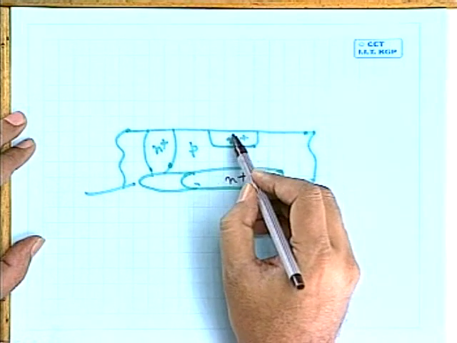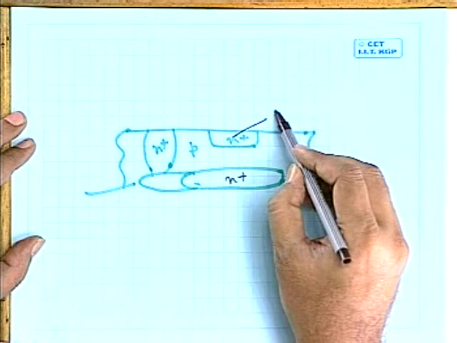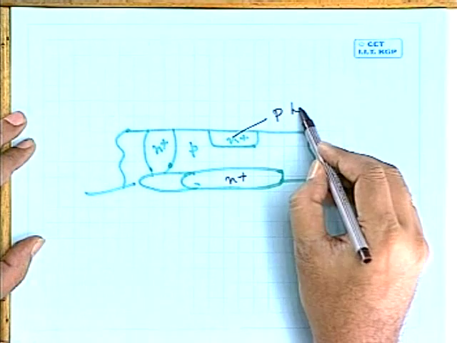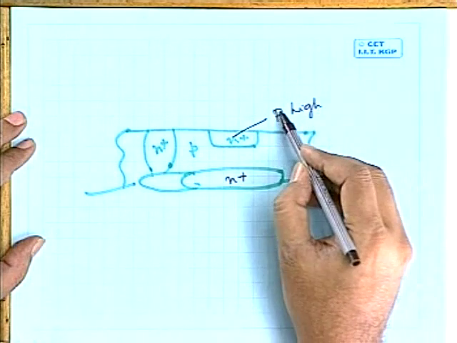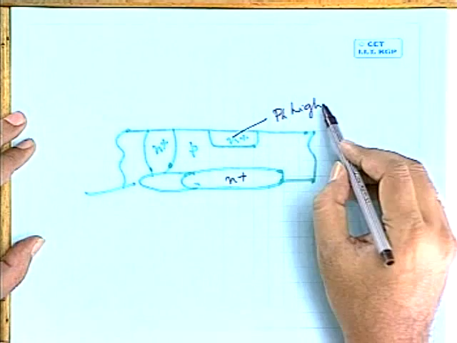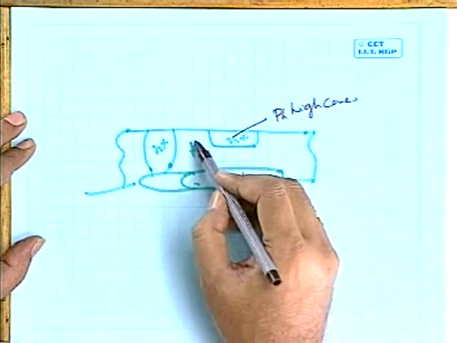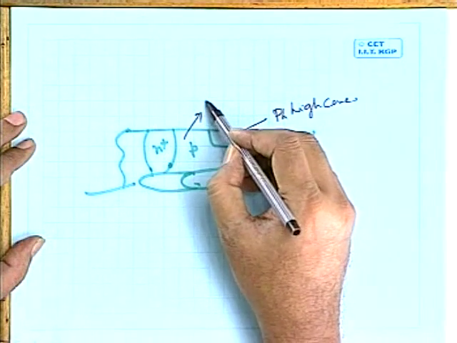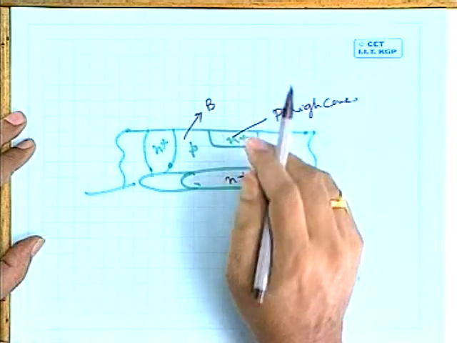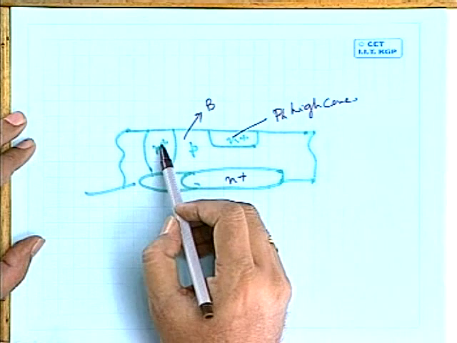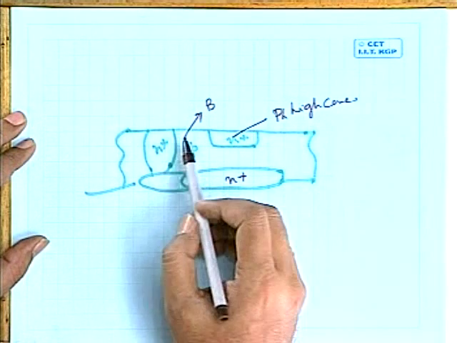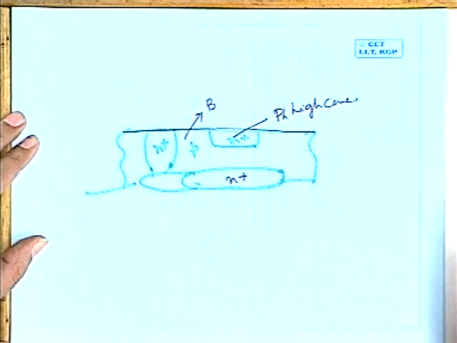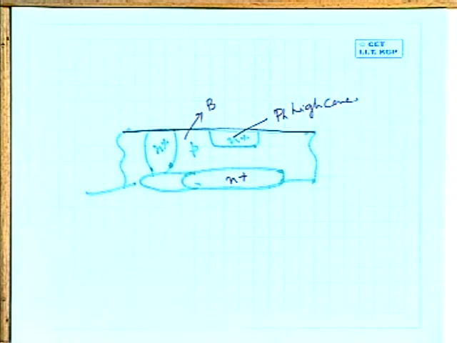Here the dopant is phosphorus, P, in high concentration. Here the dopant is a p-type dopant, a boron, B, in moderate concentration, and again here high concentration. That means this is a practical situation where on the silicon surface in some regions the concentration is more and in some regions the concentration is less.